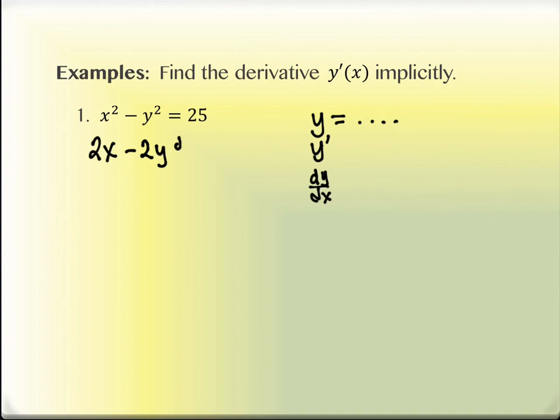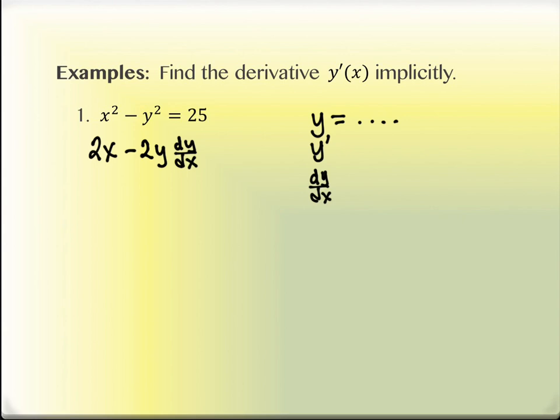And the answer is dy dx. So here's the deal. We're treating this like it's a chain rule. The y squared, the squaring part, is the outside function. We bring the 2 down, we rewrite to the power 1. And then we take the derivative of the inside, that is the derivative of y, and the derivative of y is dy dx.